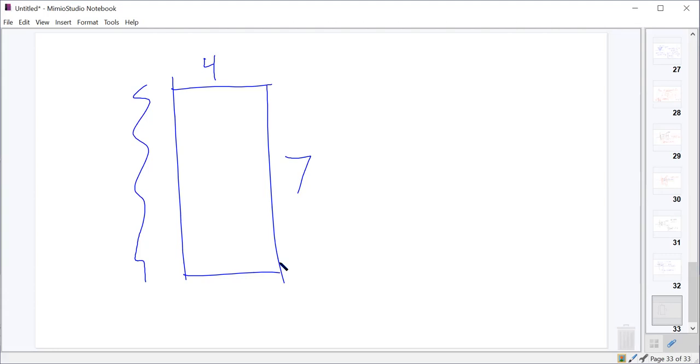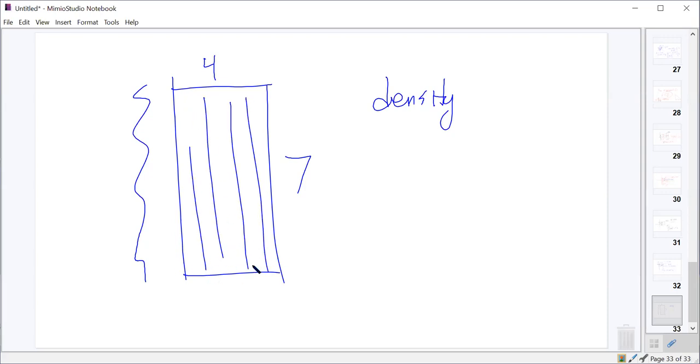Okay, so then it asked about the population density. It says the density of the city at any point along a strip x miles from the river's edge. So our density is changing as we go in this direction, right? As we go from left to right, the density changes with each strip.